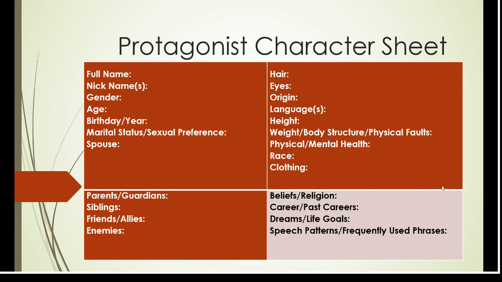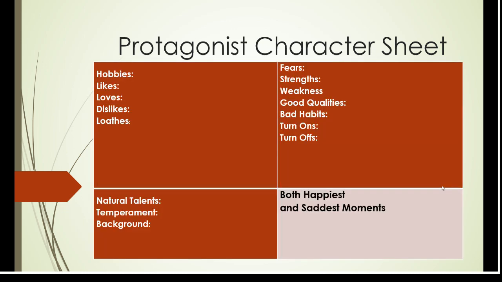Very helpful to know all this stuff. And then we want to know their hobbies, likes, dislikes, fears, strengths, weaknesses, habits, turn-ons, turn-offs, natural talents, temperament, background, both happiest and saddest moments. It may seem ridiculous that you have to know your character this well, but you really do.